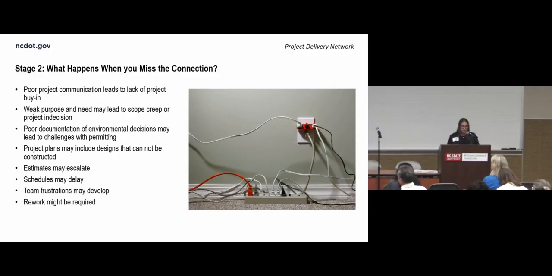Poor documentation of environmental decisions may lead to challenges with permitting. That's a very narrow statement. Poor documentation of any decision might lead to challenges with a lot of things. So just think about how we document things as we're deciding them. Project plans may include designs that cannot be constructed. Nobody wants to go to field inspection to be told, yeah, that's a great design, but we can't build it.